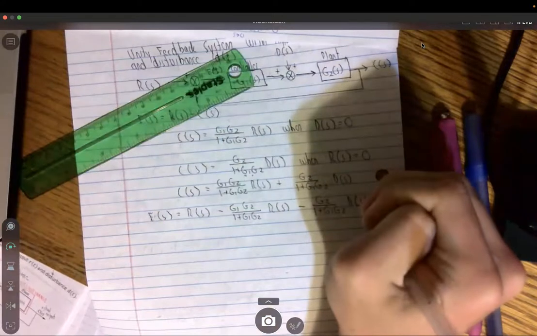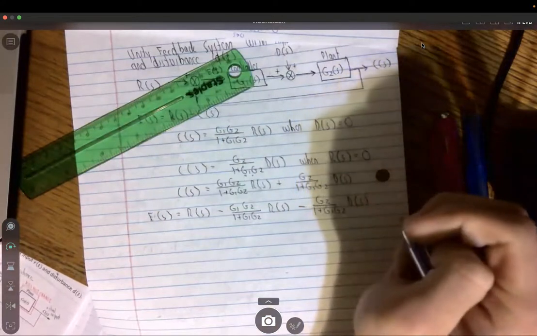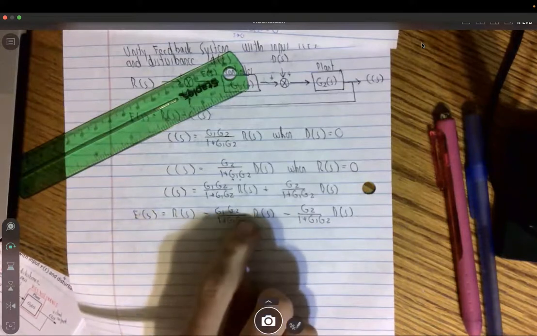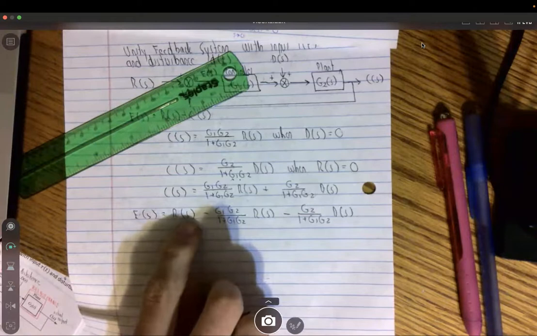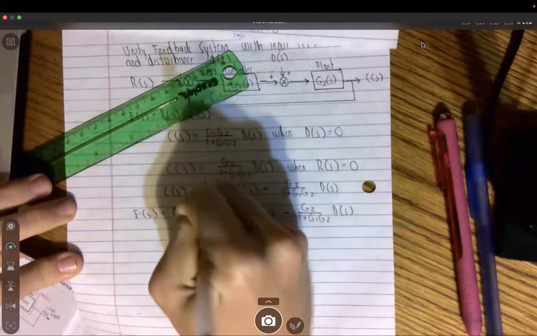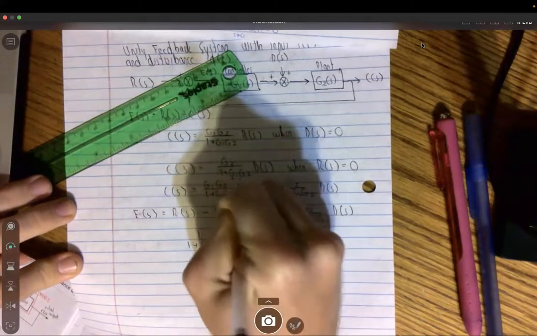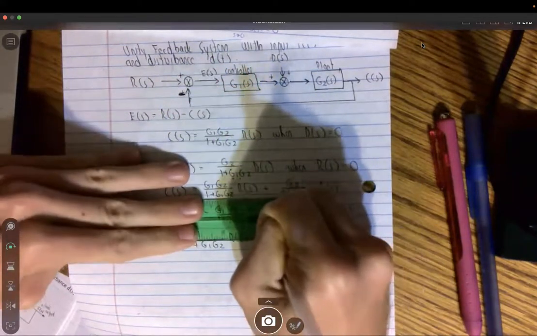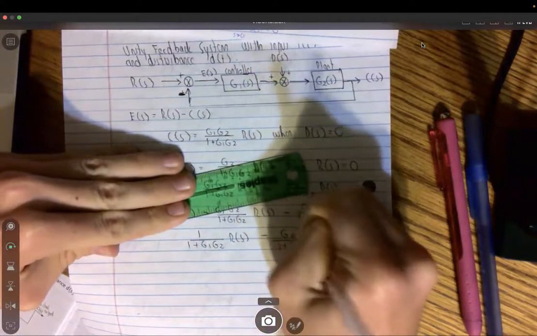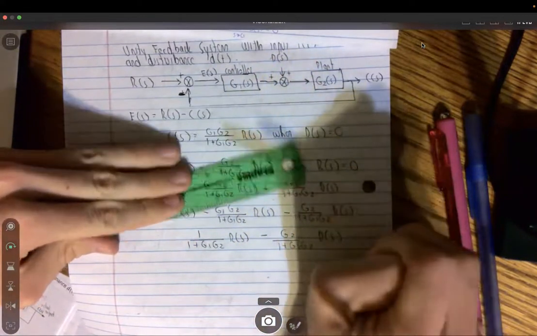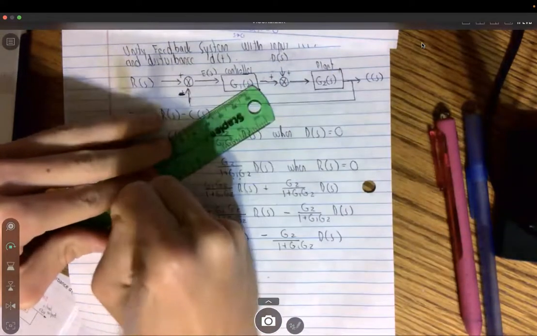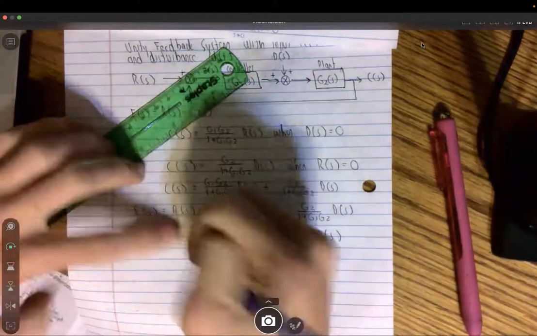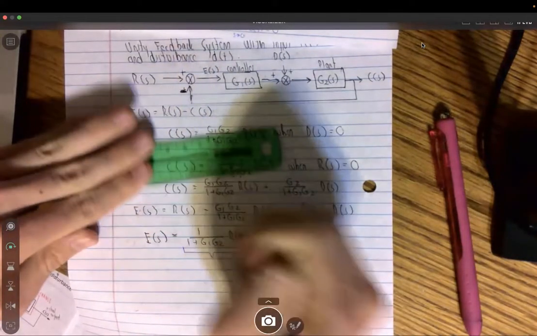Now that we have that, we're going to notice that if you subtract the R of S terms, you're going to get 1 over 1 plus G1 G2 times R of S. And then here we're going to have minus G2 over 1 plus G1 G2 times D of S, which is going to equal your total error, E of S. So this is the error due to your input, E R of S, we're going to call it.